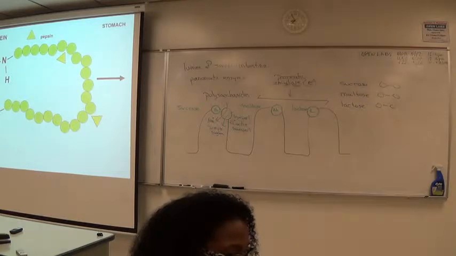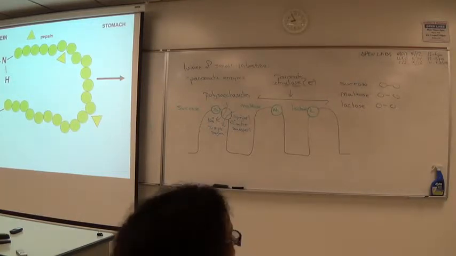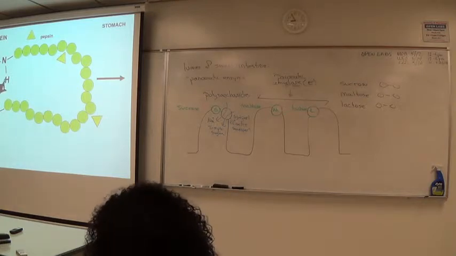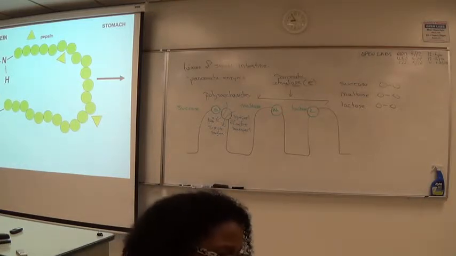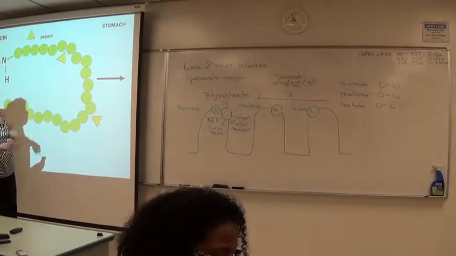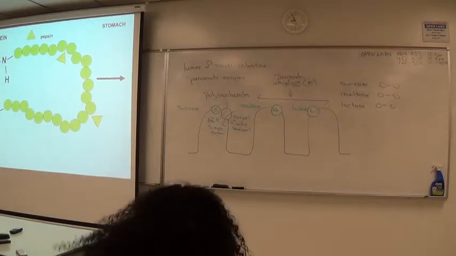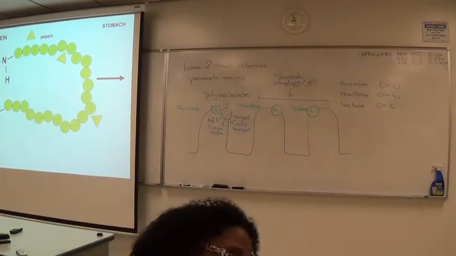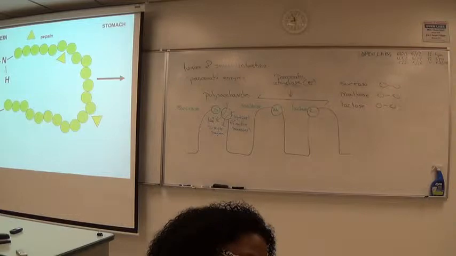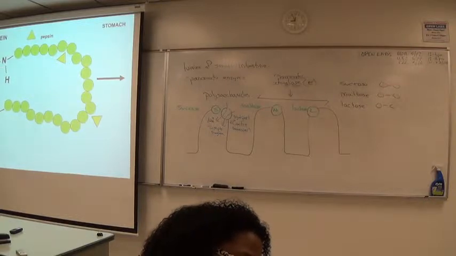In the stomach, and I'm not drawing this on the board by the way, guys, we have pepsin, which is the active form of pepsinogen, remember? Hydrochloric acid does that. This little triangle represents the enzyme pepsin. And remember I said our protein has a nitrogenous end and the acid end.